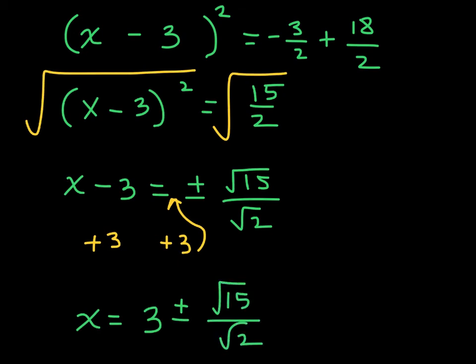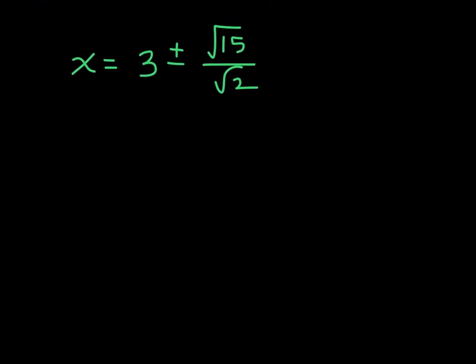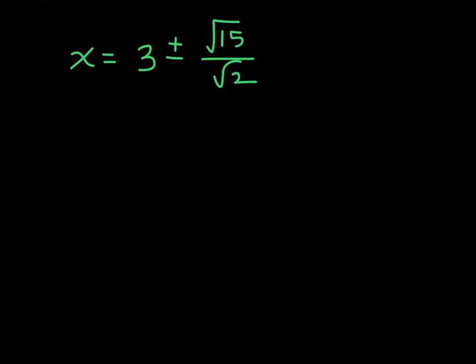Now, someone may think you're done, but actually you're not done because this is not simplified. We learned in chapter 9 that we need to rationalize this answer, meaning we need to rewrite this so that there is no radical in the denominator.